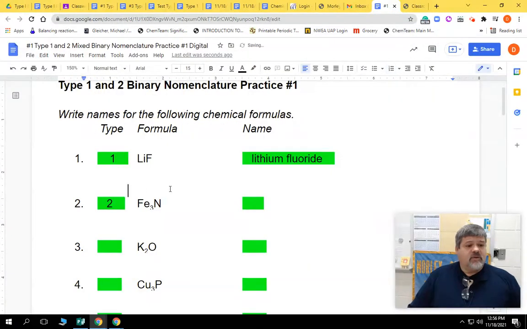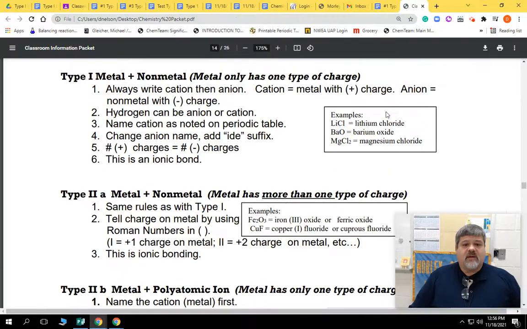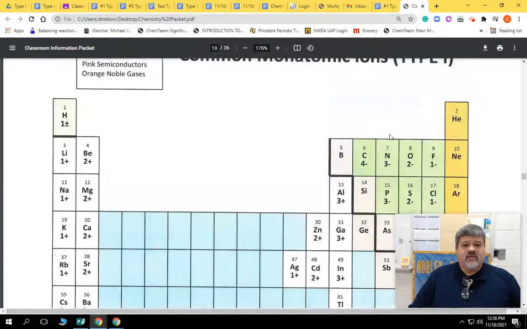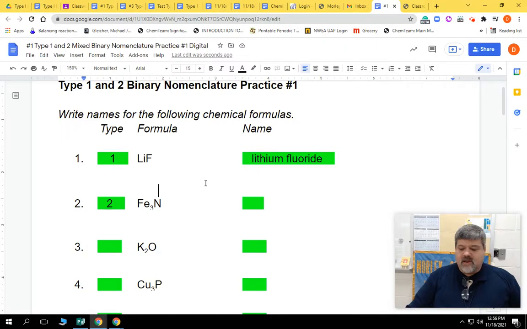Let's put the charges above. We don't know what the charge of iron is, but we do know what the charge of nitrogen is. Nitrogen is right here, and it's a -3. So we put a -3 above that. We multiply that by the number of nitrogens we have. There is no subscript, so that means there's 1 nitrogen.